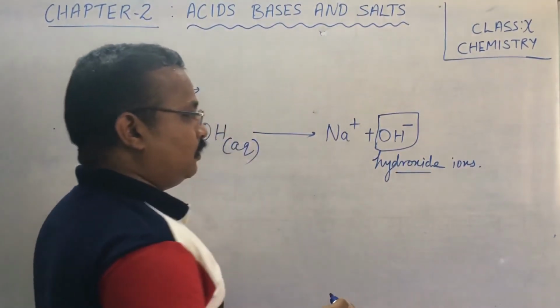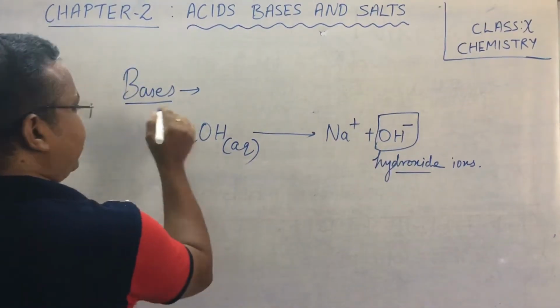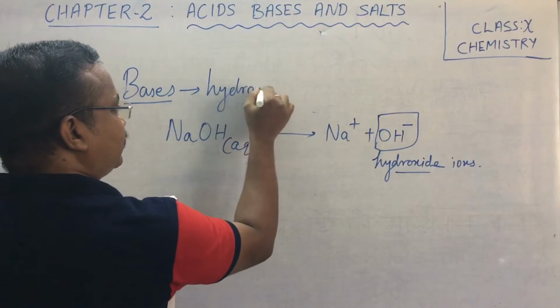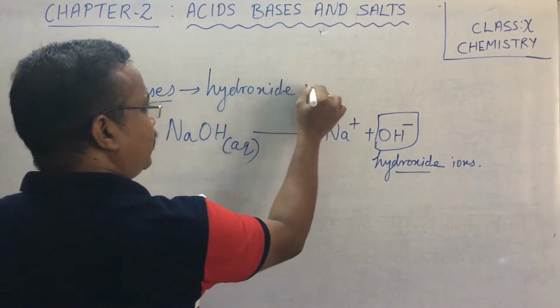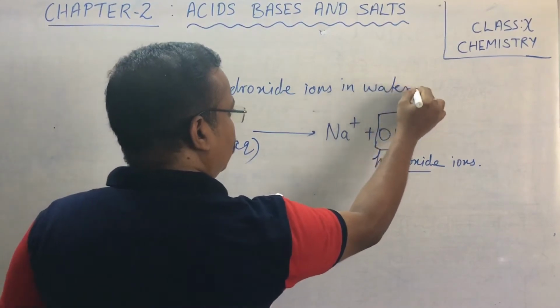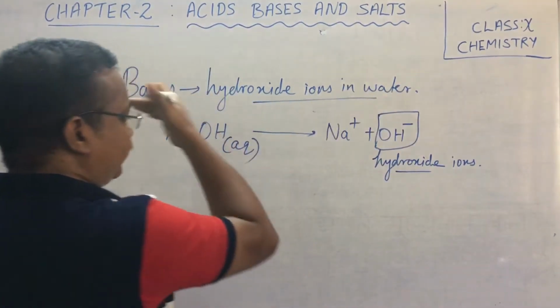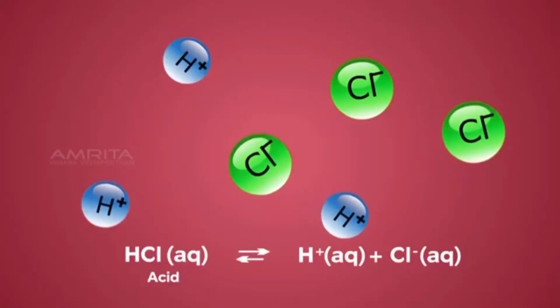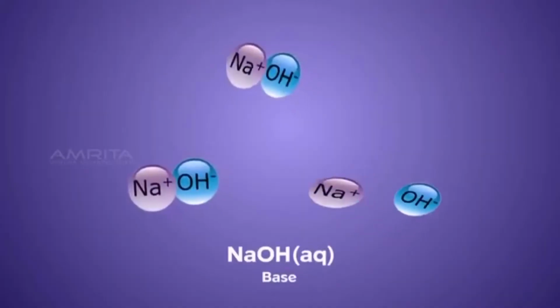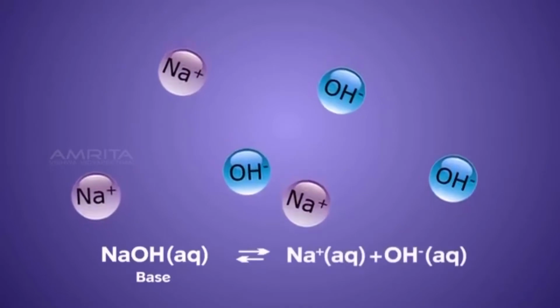Okay, so let us write it as: bases are substances which are capable of producing hydroxide ions in water or in aqueous media. Bases are those substances which give hydroxide ions or OH- when dissolved in water.